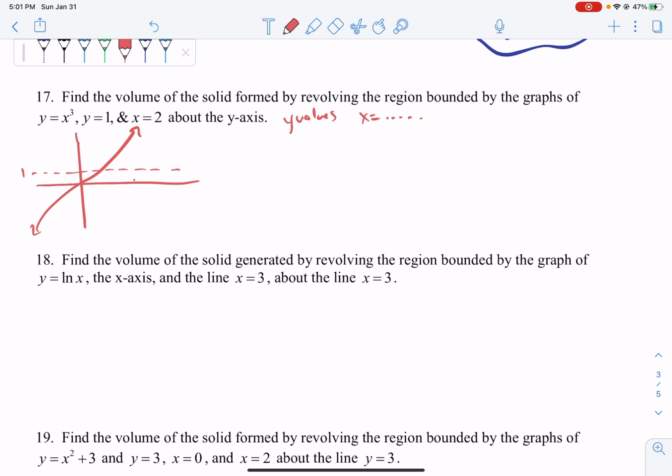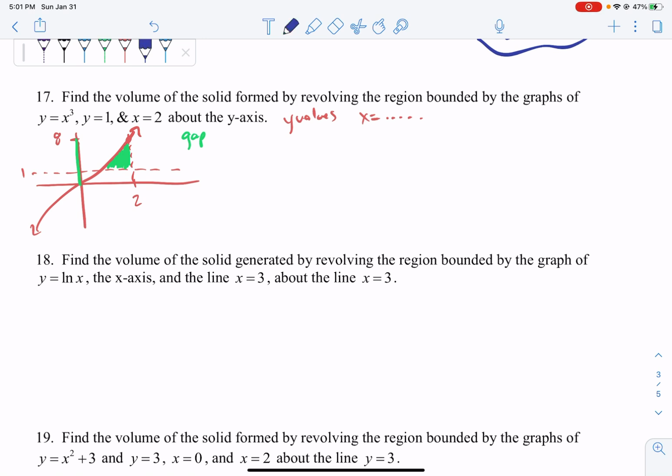Okay, so my y value right here is 1. And I'm going over to where x equals 2. Well, when x equals 2, if I plug that in, 2 cubed is 8. So my y value is going to be up there at 8. So I'm looking for this region right here, but I am going to rotate that about the y-axis, which is way over here. So I have a gap, which means I need big R and little r, okay?